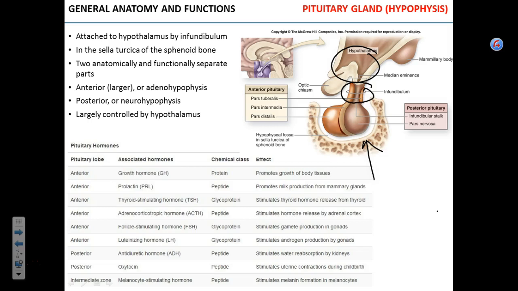It's divided into two very distinctive parts. The anterior pituitary, or adenohypophysis, and posterior pituitary, or neurohypophysis. Okay? Pituitary gland is controlled by hypothalamus. And this stalk, this infundibulum, is very important because it enables that communication between the hypothalamus and the pituitary gland.